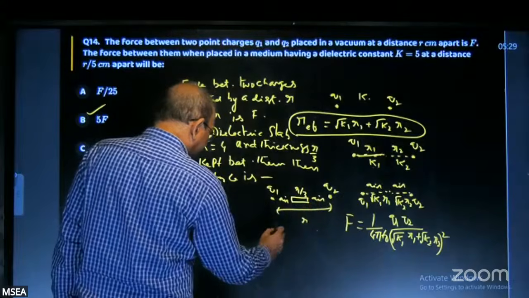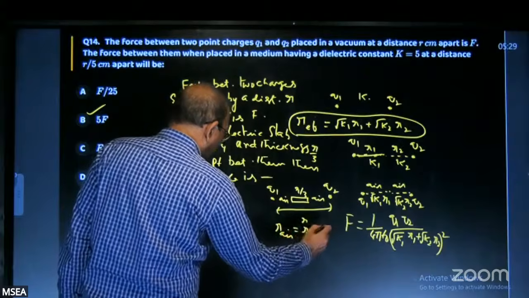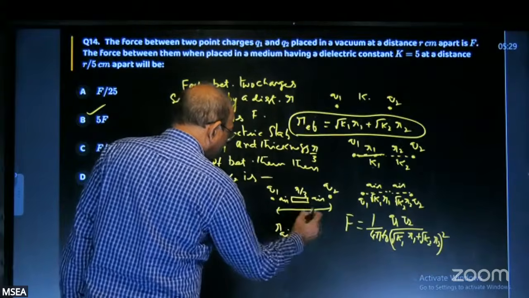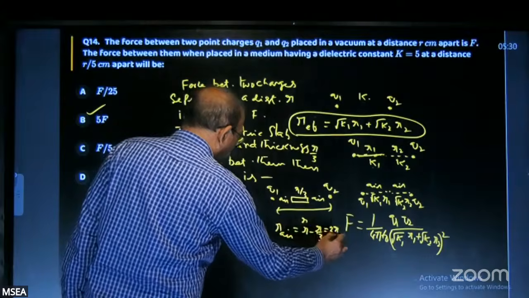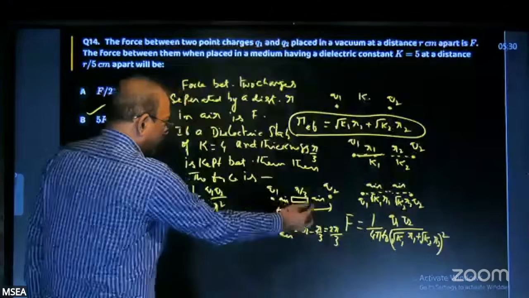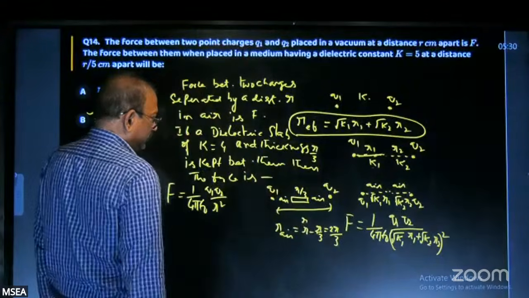How much distance is air occupying? Total distance r minus thickness of the slab r by 3, that is 2r by 3 distance air only is occupying. R by 3 distance, the slab is there.